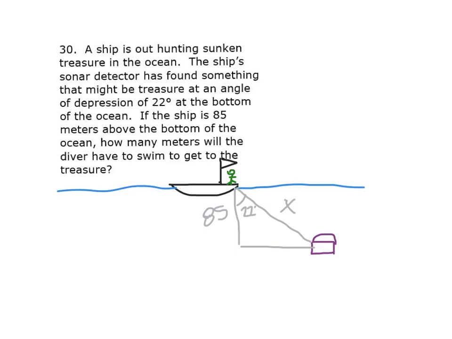On number 30, we're talking about a ship, and it's detected possible treasure. The angle of depression is 22 degrees, and the ship is 85 meters above the bottom of the ocean. So I kind of sketched a little picture here.